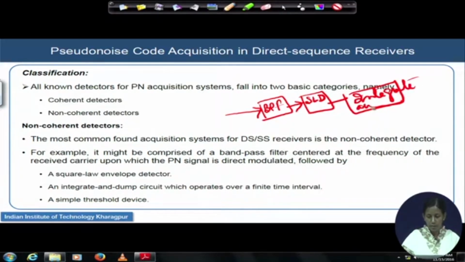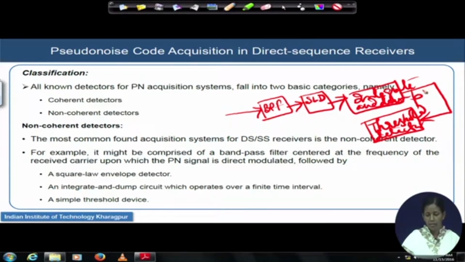The output of the integrate and dump circuit passes through a sampler and comes to a simple threshold detector. This is the combined architecture of the way the non-coherent type of detector works.